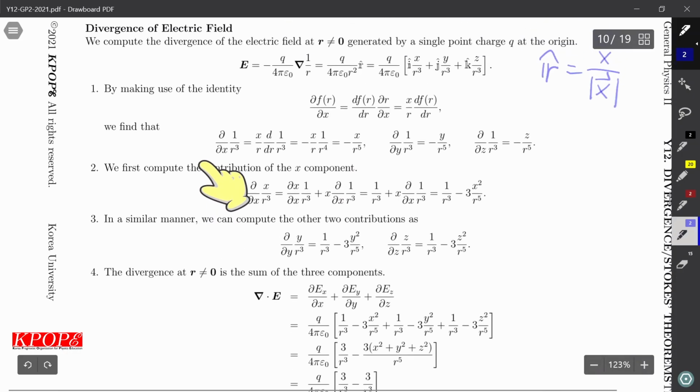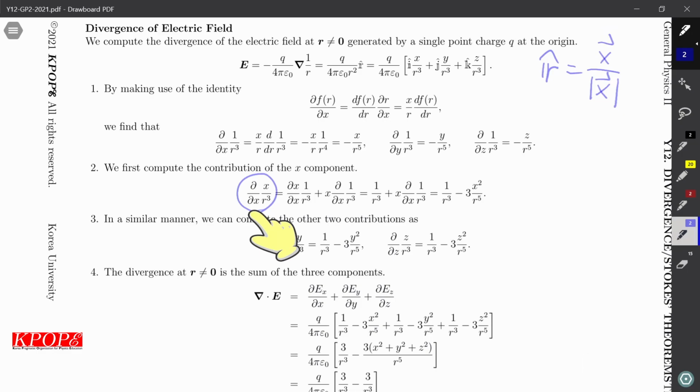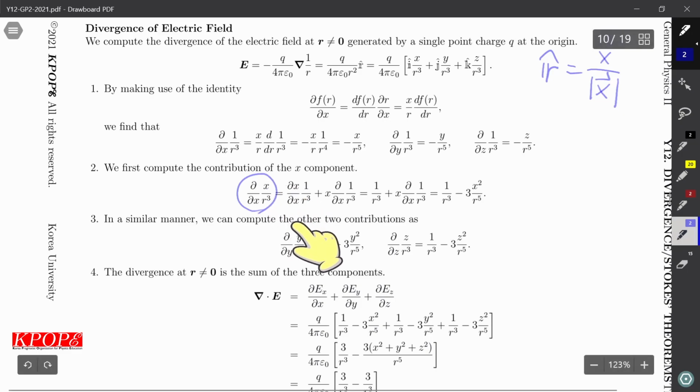You follow the detailed calculation shown below, and you find that, for example, this one is the x component. First, we can take the derivative of this. And second, we can take the derivative of this. And this is 1 over r cubed. And this is minus 3 x squared over r to the 5th.